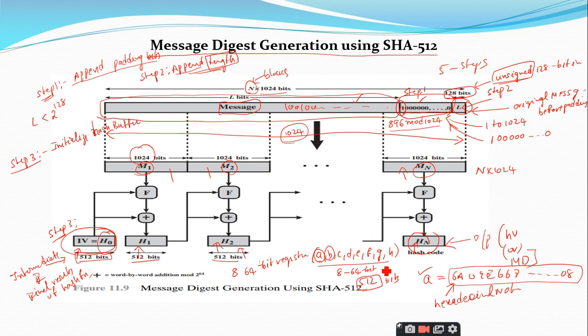And how we are going to generate these default values is not our concern. A simple reason the author has given is that the initial values of these 8 64-bit registers are obtained by taking the first 64 bits of the fractional parts of the square root of the first 8 prime numbers.